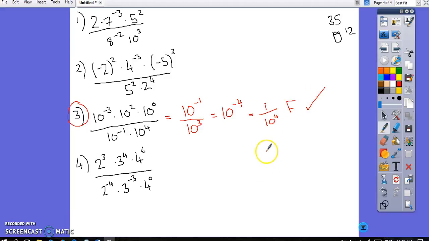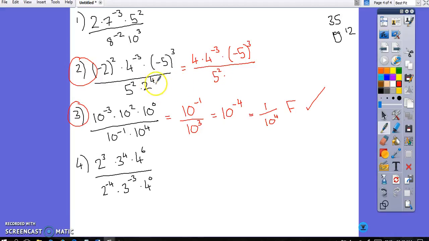So that one's done. The next easiest one, I would say, is probably number 2. So here we have negative 2 squared, which I'm going to simplify to be just 4, times 4 to the negative 3, times negative 5 cubed, over 5 squared, times 2 to the power of 4.